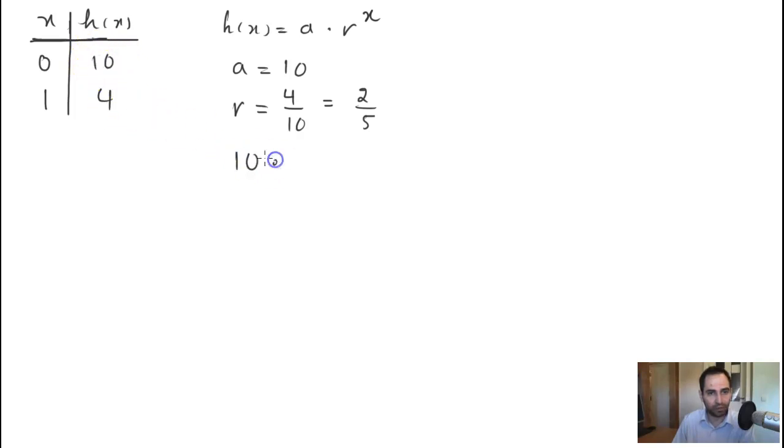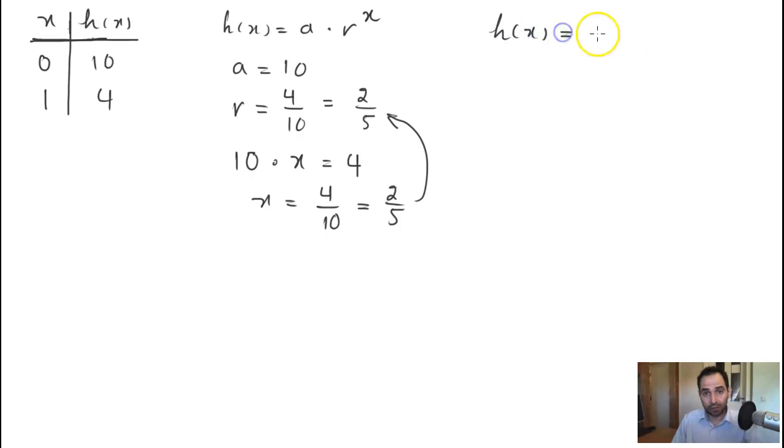So 10 times x becomes 4, so x is equal to 4 divided by 10, which is equal to 2 divided by 5. The same number here. So then the equation of this function becomes h of x is equal to a, which is 10, times r, which is 2/5, raised to the x power.